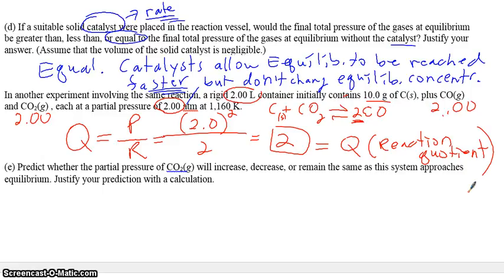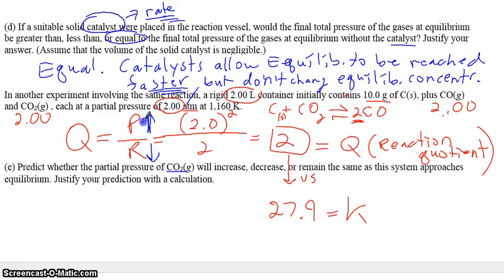And so we want to now compare this against K. Now we know that K, we calculated above as 27.9. Now since K is higher than Q, in order for Q to get to K, it has to increase. Notice the number has to increase, which means the products must increase, the reactants must decrease.